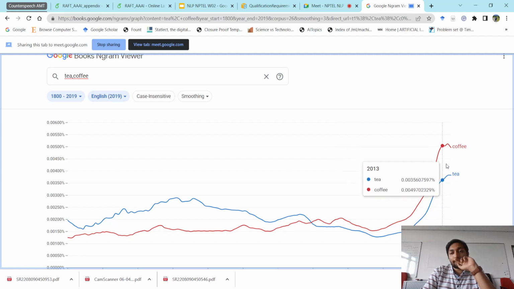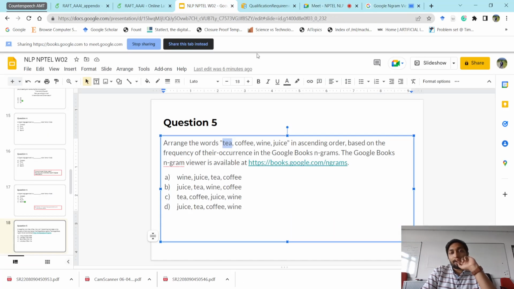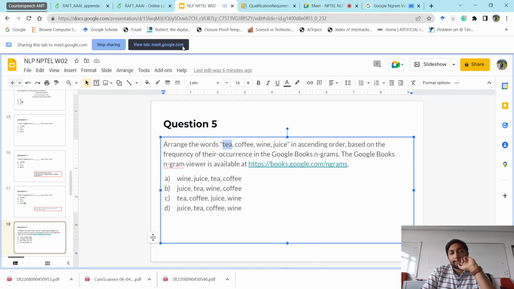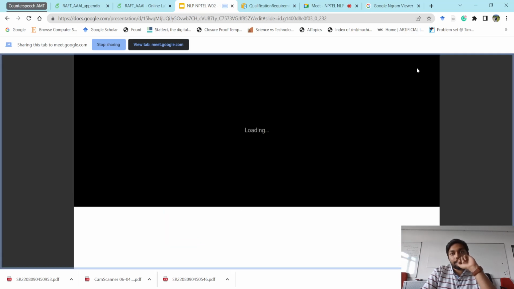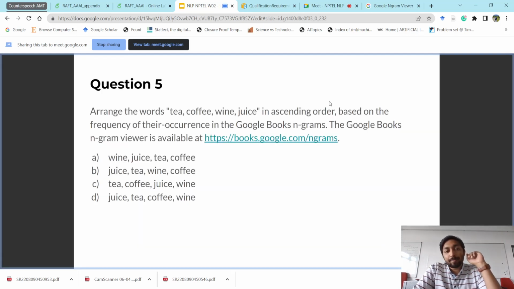Here the ascending order is tea, comma, coffee. So what will be the ascending order for this case? Put the ascending order as well as the approximate values.